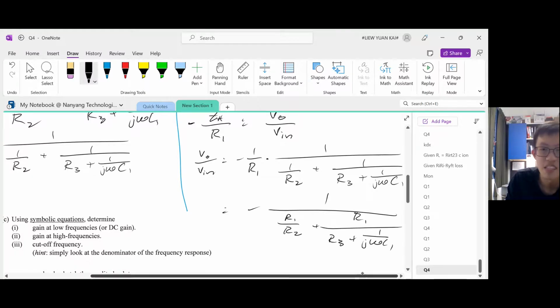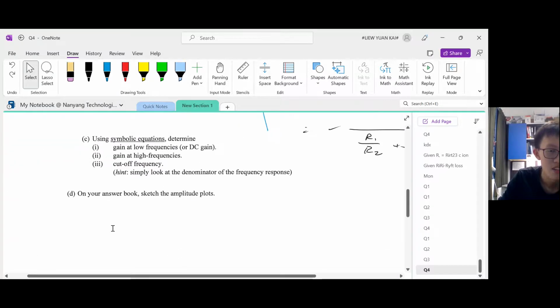I notice a lot of students are very tempted to simplify something like this. I don't know why people are naturally afraid of seeing big fractions. Fractions within fractions. People are so afraid of seeing this kind of thing, but just leave it be. It doesn't matter.